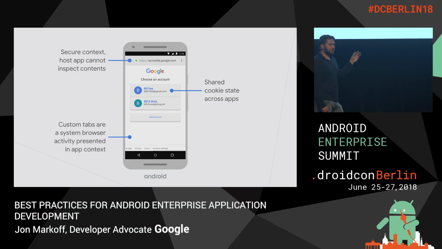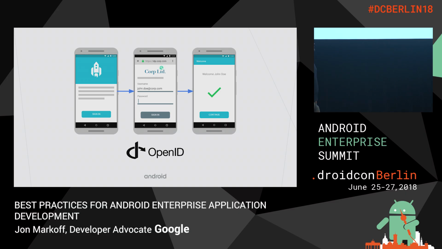So automatically, if you're using a similar logon provider and using Chrome custom tabs in your Android app, you're already getting single sign-on. Now you're able to log in this way, and you can do that for any of your applications, providing you're using Chrome custom tabs.